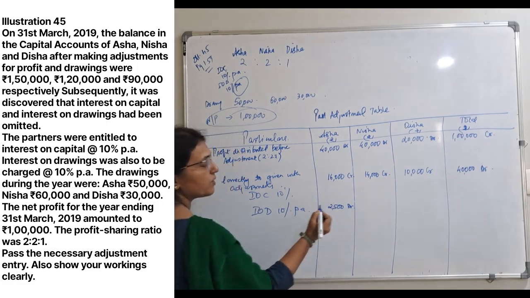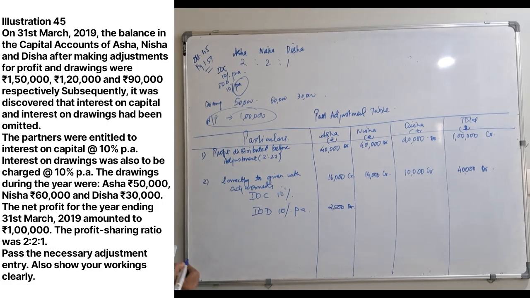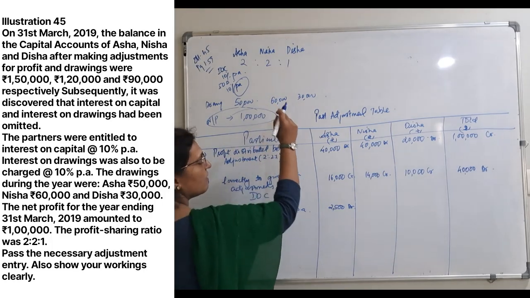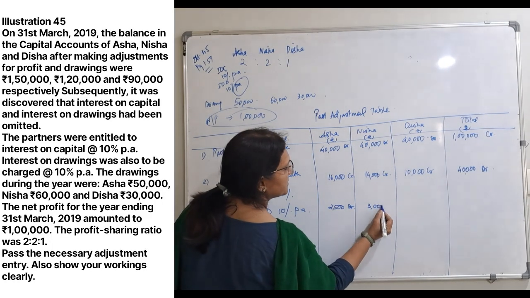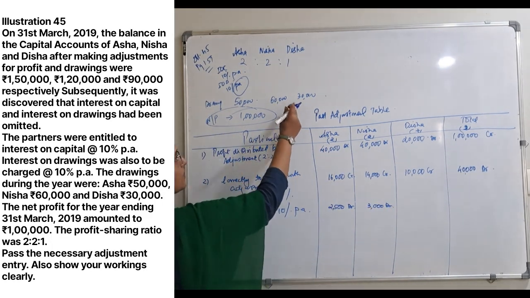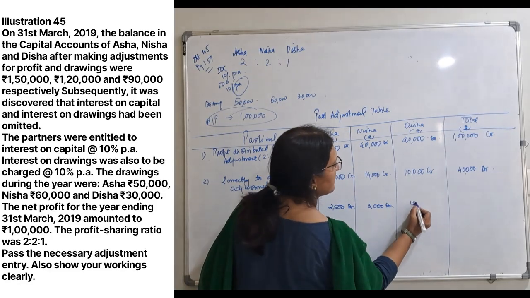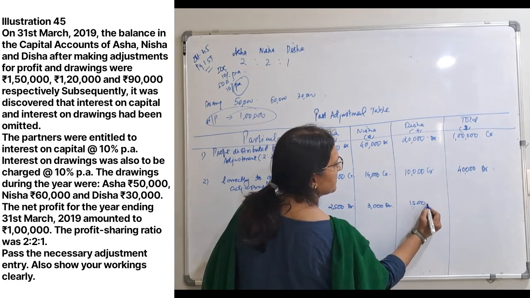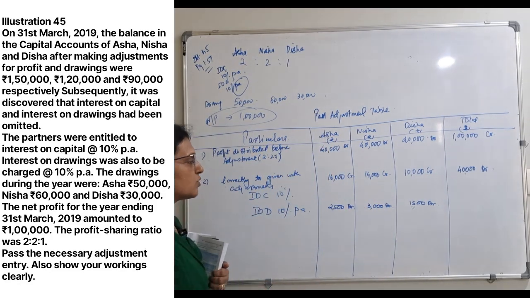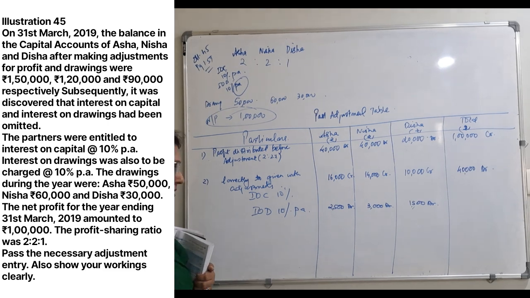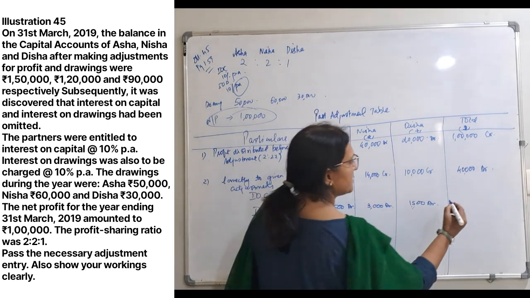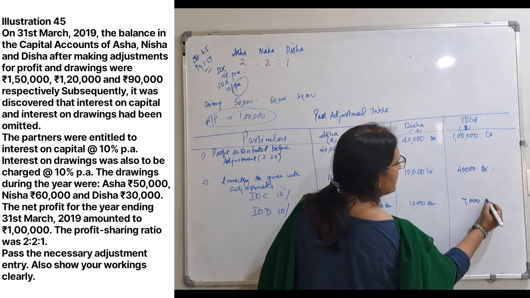This will be debited because we are charging it from the partners. This is 6,000, half of this is 3,000. Debit. 3,000, half of this is 1,500. Debit. So total is 5, 6, 7,000 will be credited over here. 7,000 will be credited.